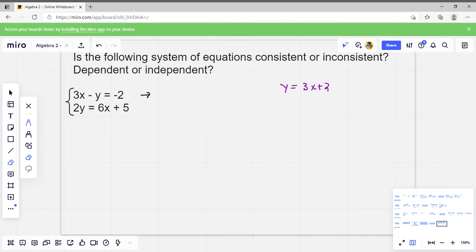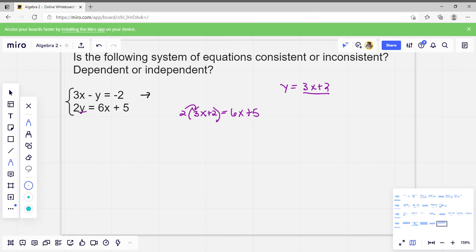Okay, and then this one was 2y equals 6x plus 5. So if we substitute that value in right here where this y is, we say 2 times 3x plus 2 equals 6x plus 5.